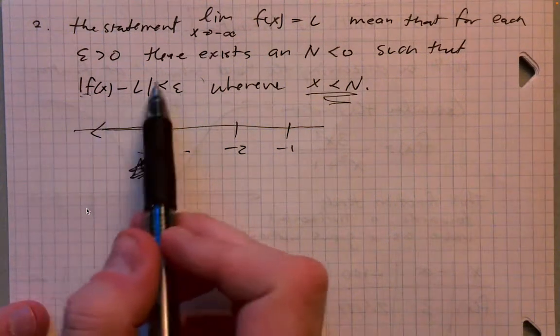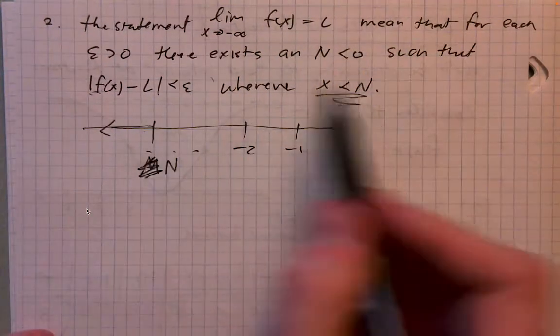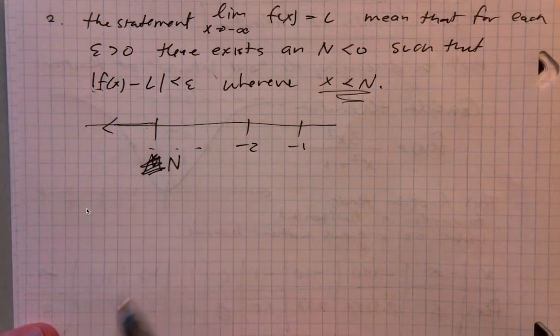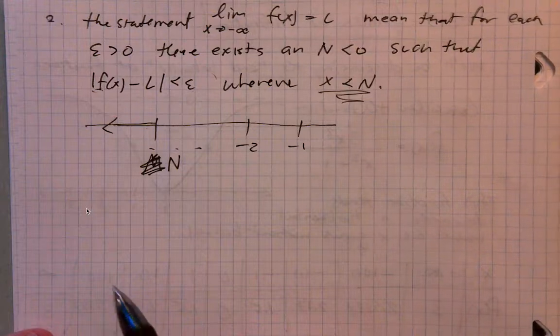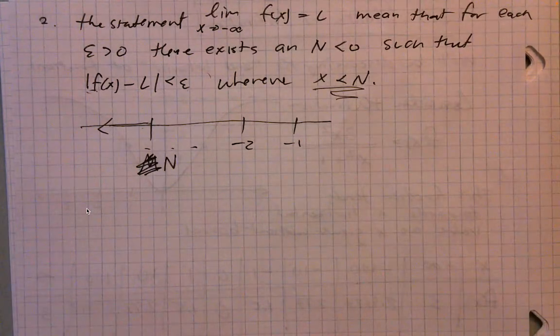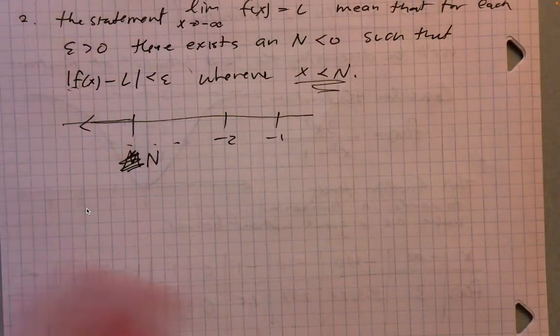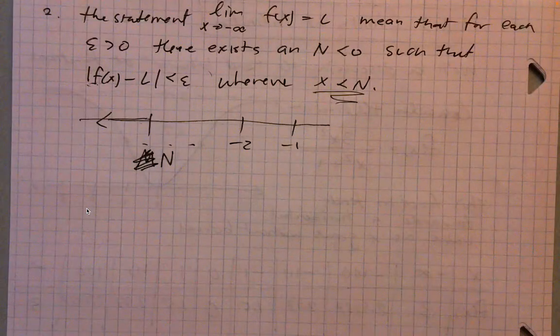Okay, so f of x minus L will be less than epsilon for any x that is further out in the negative direction on the real number line. Okay, so we're not going to make a lot of use of the definition. This is Calculus 1, but just know that it's the same idea as what we saw with our limit theorems early on in Calc 1.